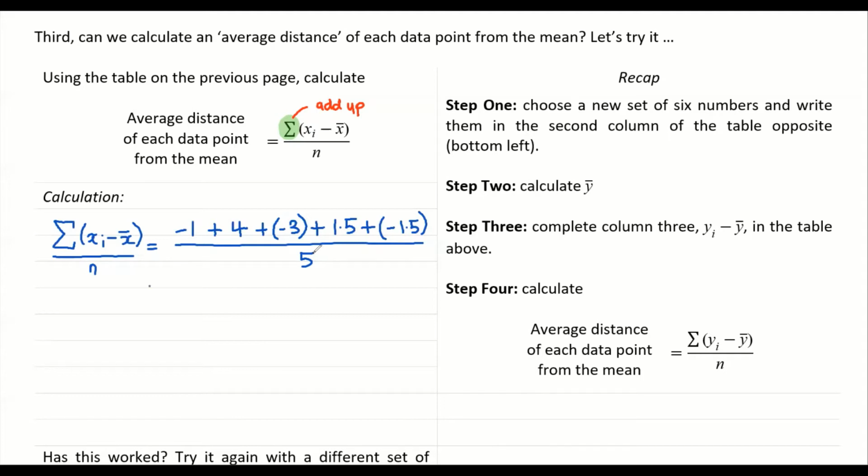So we've got -1 plus 4, which is of course 3. Then I'm going to add a -3, which just cancels out. Then I've got 1.5, and then a 1.5 to subtract. So it looks like I'm just going to get 0 over 5. So that means my average distance is 0.